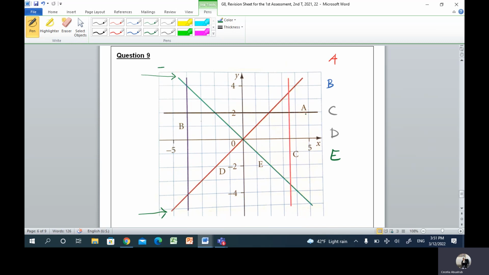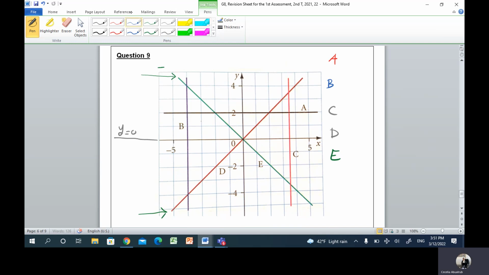Any line that is parallel to the x-axis, such as line A, remember that the equation of the x-axis is y equals 0.